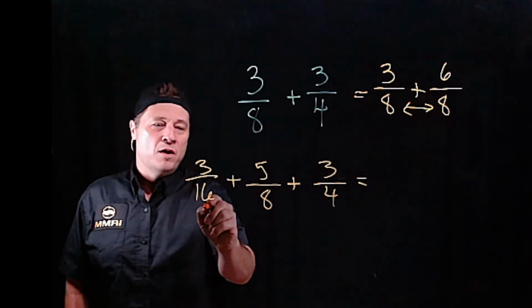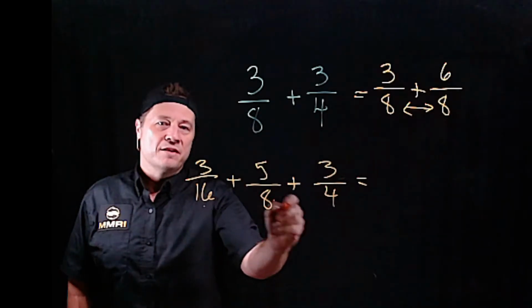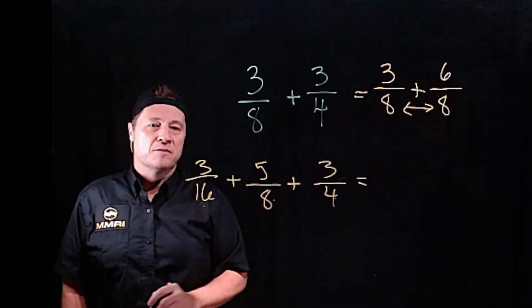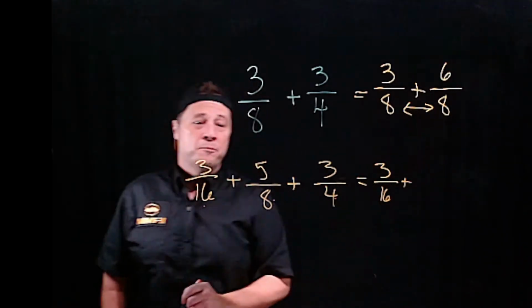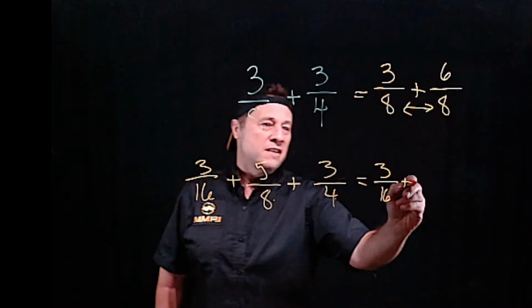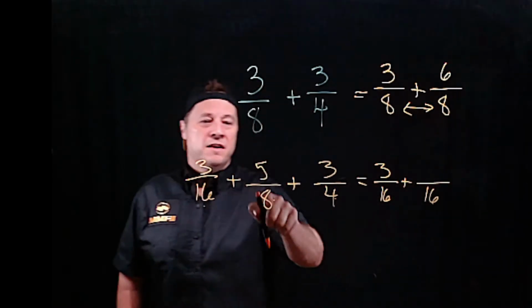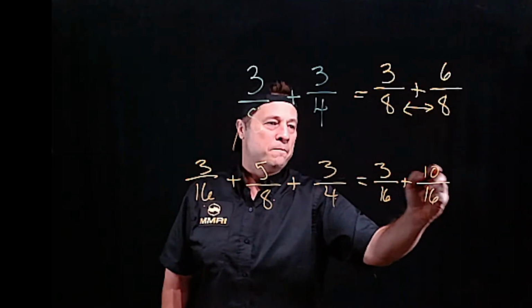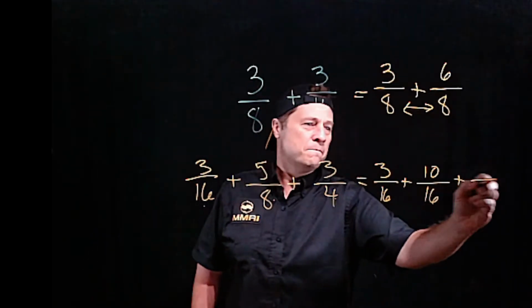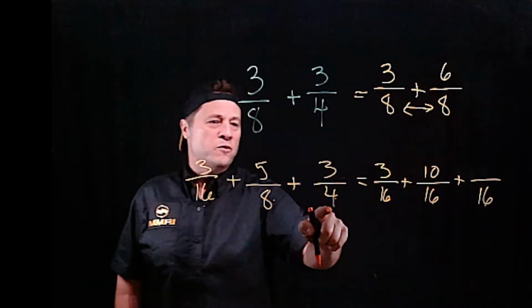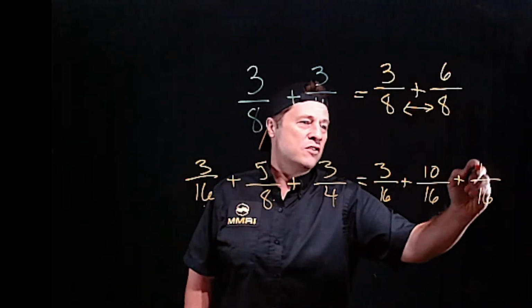16 goes into itself once, 8 goes into 16 twice, 4 goes into 16 four times. So I can write this as 3/16 plus 2 times 8 is 16, 2 times 5 is 10, 4 goes into 16 four times, so 4 times 4 is 16, 4 times 3 is 12.